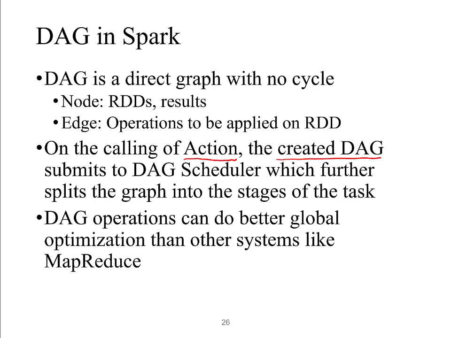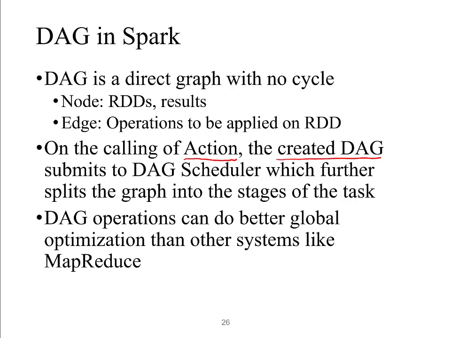It's not like the notebook, where, as we have shown before, every time we call a transformation function, we execute it. But Java is a compiled language, so it will see the whole procedure, and the DAG will be created on the calling of action.